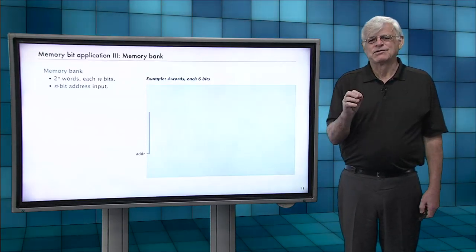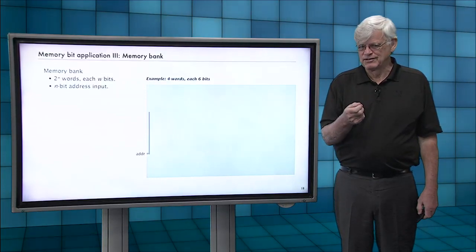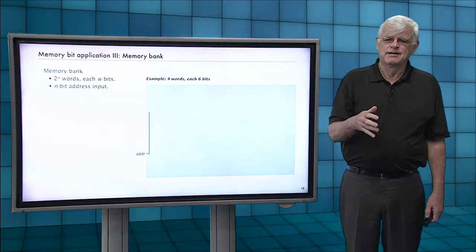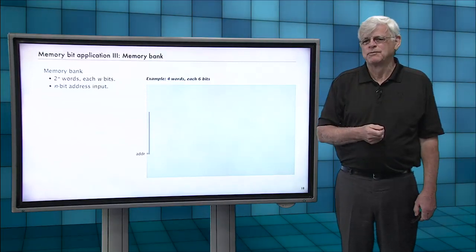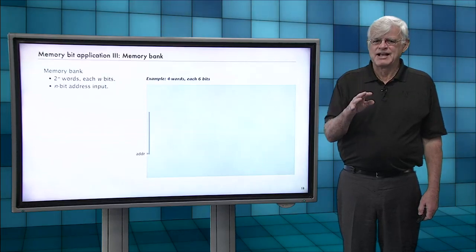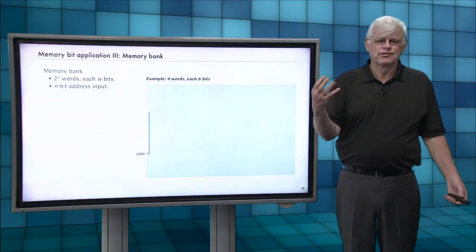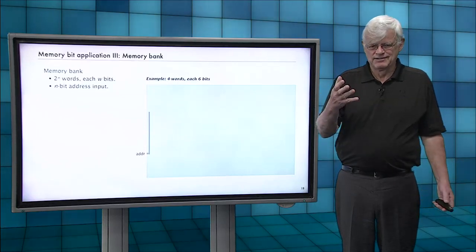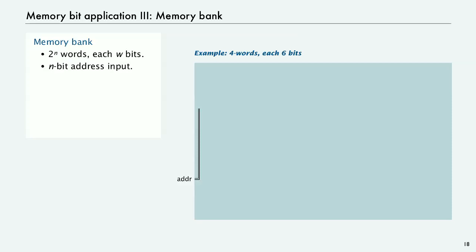And again, to emphasize that our design is parameterized just by the number of bits in a word and the number of bits in the address. So this exact same design is going to work even when n is 30, in which case there'd be a billion words, as when n is 2, in which case there's 4 words.